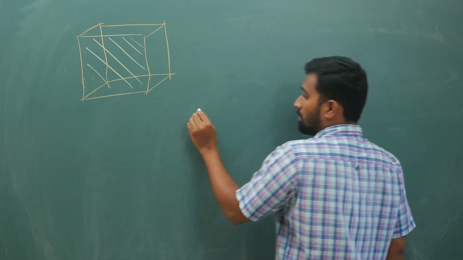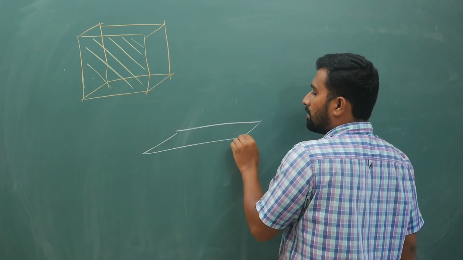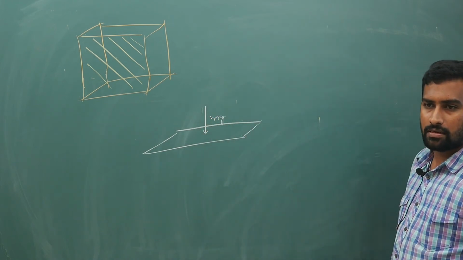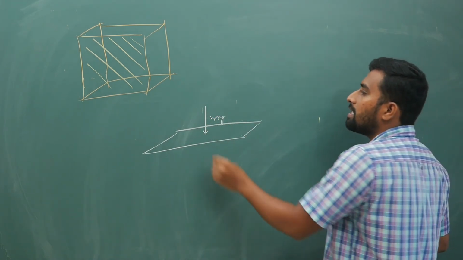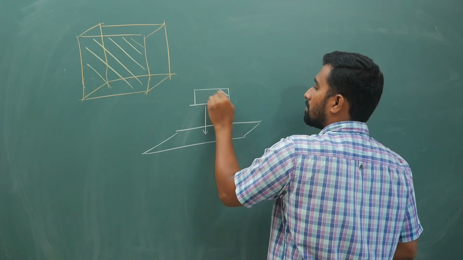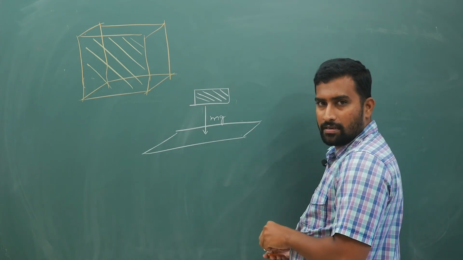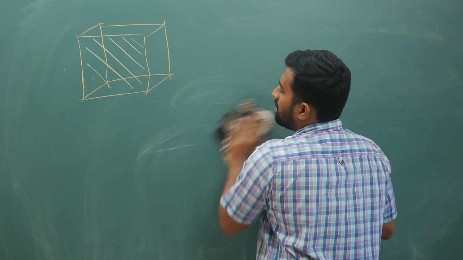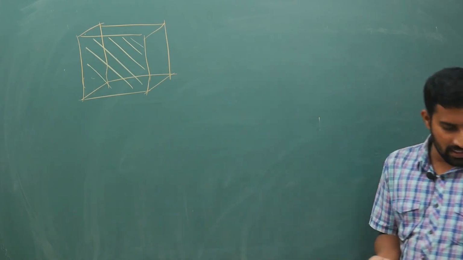Now if you take the bottom part, you have mg on the liquid, but apart from mg on this liquid, I will first draw the FBD of each.